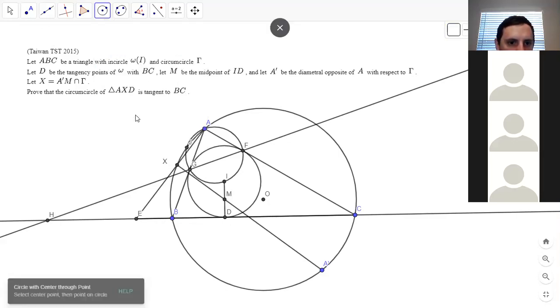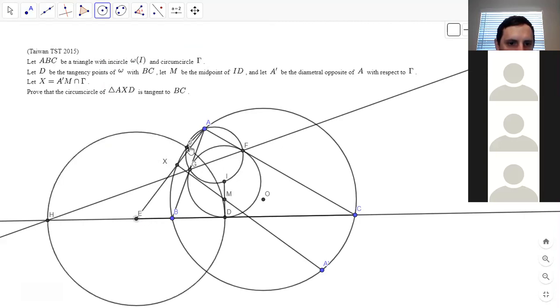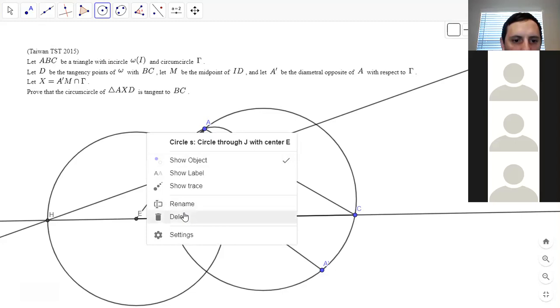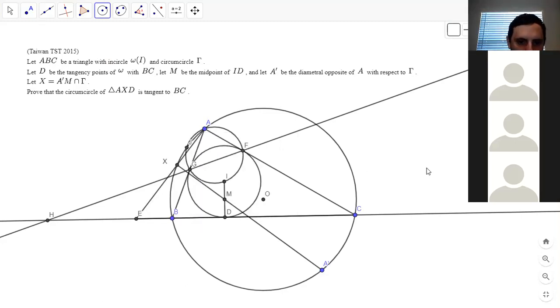So that circle. And delete this circle because we don't know if E is the midpoint. So projective geometry looks like it might be useful here.